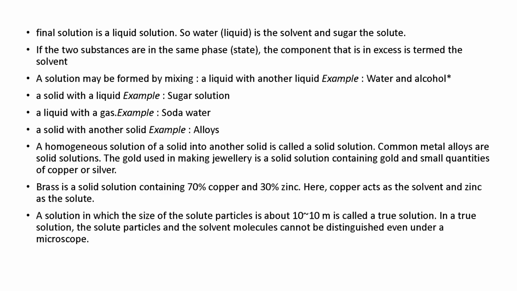First, it is a homogeneous mixture and the solute particles are too small in size. We can't distinguish solute particles even under a microscope. So we call it a true solution, in which we can't distinguish the solute and the solvent because the solute particles are very small.